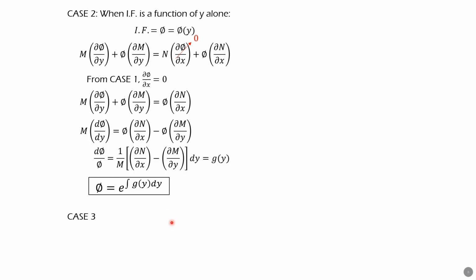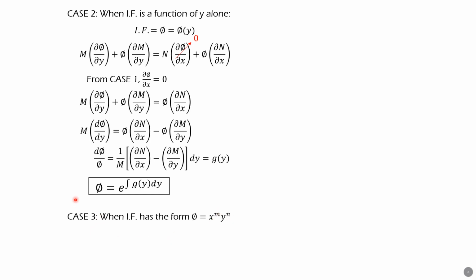Then for case 3, if the integrating factor has the form x to the m, y to the n, then p is now a function of x and y, with this power here.